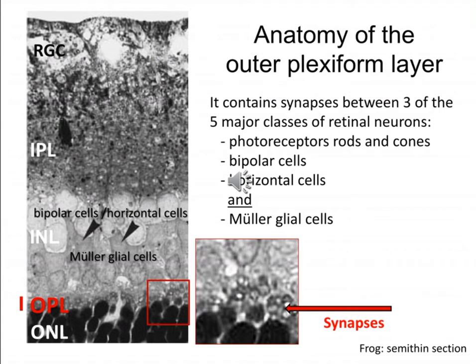This slide shows a semithin section through the frog retina, demonstrating that the anatomy of the outer plexiform layer is not readily detectable by conventional light microscopy. We may just be able to localize it close to the outer nuclear layer, bottom, and at high magnification we can barely distinguish the spherical profiles representing the synapses.